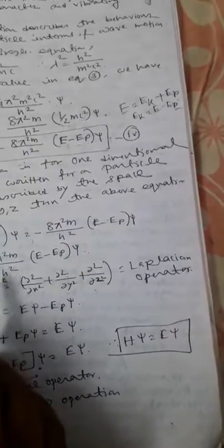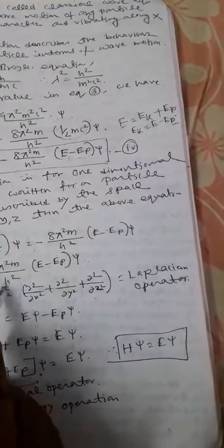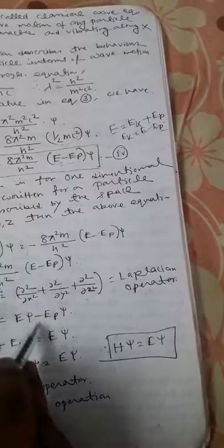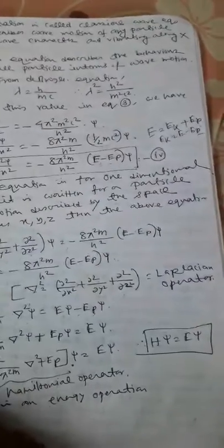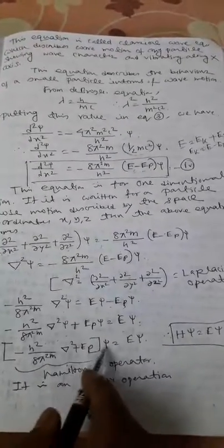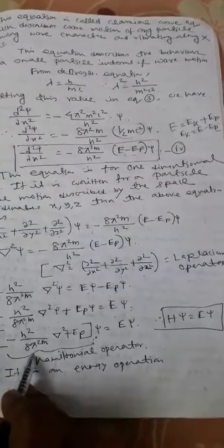Okay, now after that, h square by 8 pi square m into del 2 psi is equal to E psi minus ep psi. Now minus h square by 8 pi square m del 2 psi plus ep psi is equal to E psi. Now psi is common on both sides, that means minus h square by 8 pi square m del 2 plus ep equal to E, acting on psi.